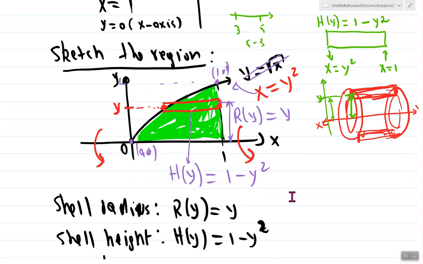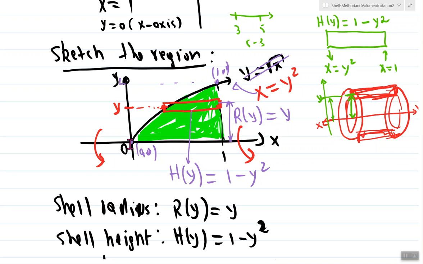So now we got everything. Because everything is going to be expressed in terms of y, we also need limits of integration. But we know at this point, when x is 1, if you plug in 1 for x, you get y equals 1 also. So this point is y equals 1, and at that point it's going to be y equals 0.